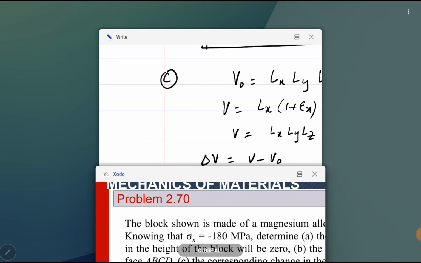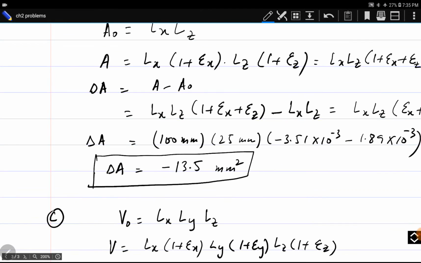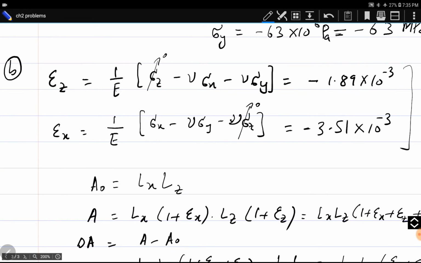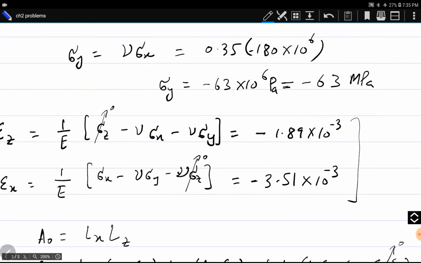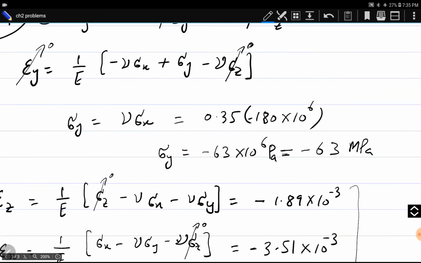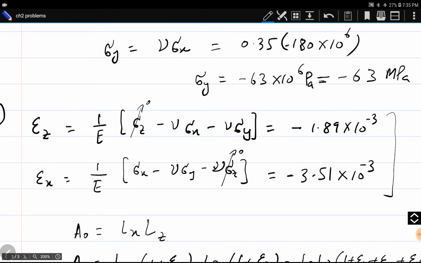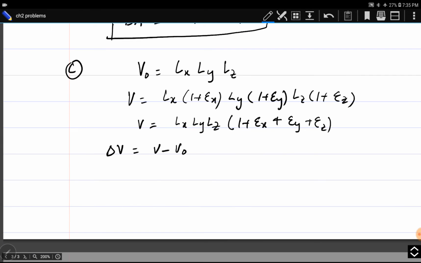Epsilon x, epsilon y and epsilon z have been calculated previously. Epsilon x is minus 3.51 into 10 power minus 3. Epsilon y is 0, it is given in the problem. And epsilon z is minus 1.89 into 10 power minus 3. You can put all the values and I will just write the answer directly as I have done the calculations.